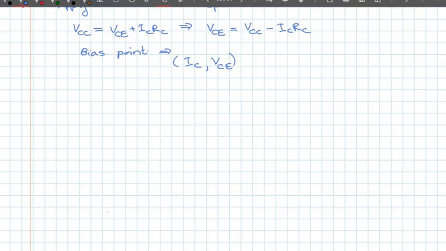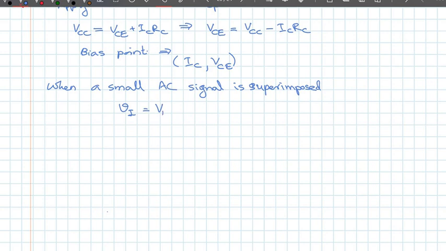In other words, when a small AC signal is superimposed, then all my quantities are going to be AC plus DC, whereas my VI now becomes VBB plus VS. So how to find simple I simple B, that is AC quantity only. So how do I find that?